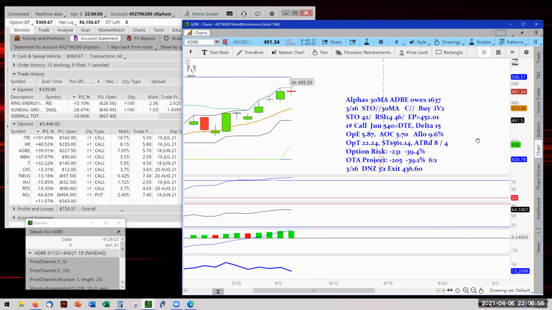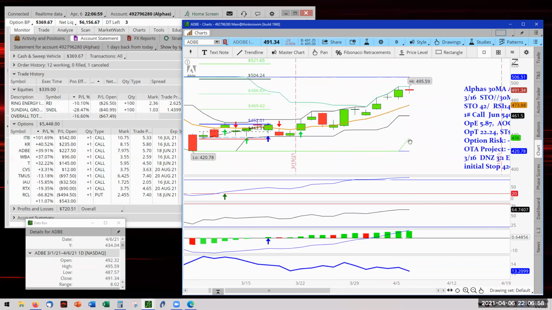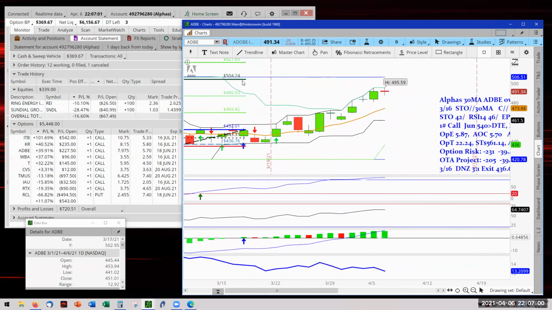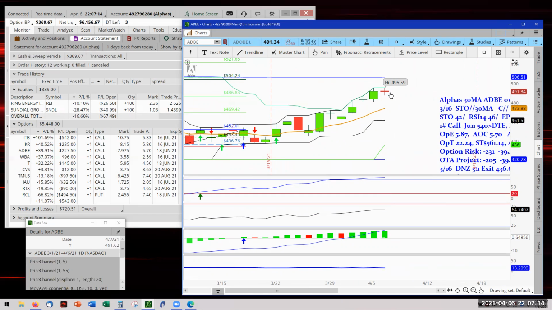Okay, so Adobe hasn't closed above the third ratio, but we are approximately $9 out, and this is an ATR 13, so it's very possible that we can get a push off this doji, cross that 504. We can then start looking for a dip low, which would move the stop from all the way down here all the way to there.